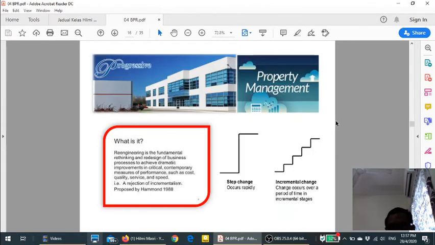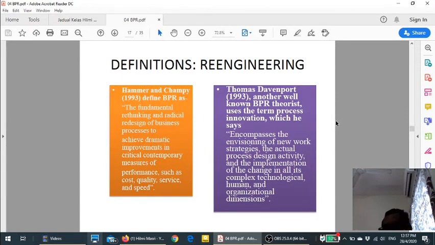So for business process reengineering, we look at some of the definitions. Hammer and Champy 1993 define BPR as the fundamental rethinking and radical redesign of business processes to achieve dramatic improvements in critical contemporary measures of performance, like the variables of cost, quality, service, and also speed.